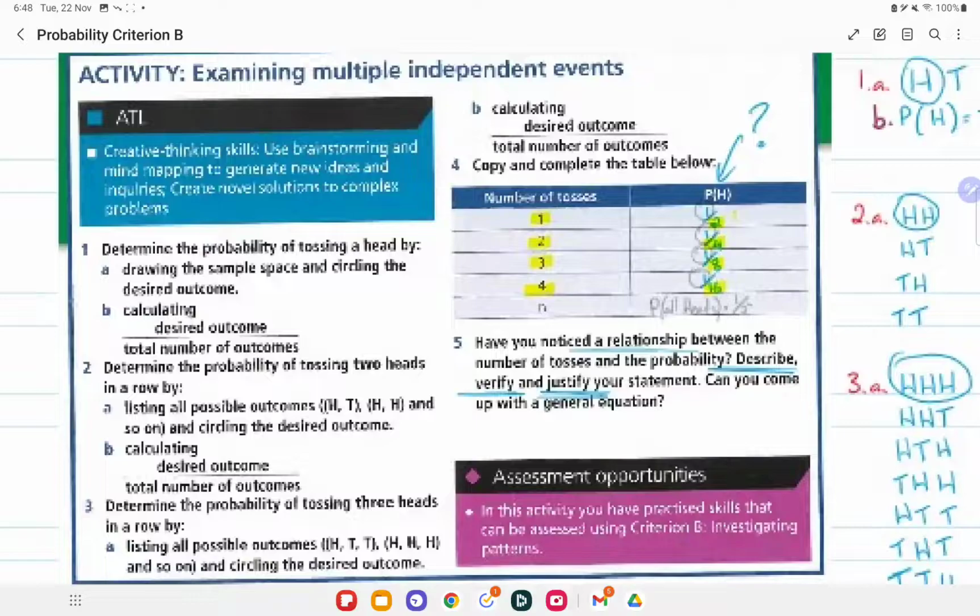Practice investigating patterns, relationship between number of tosses. No, I don't think this one will be part of the exam.